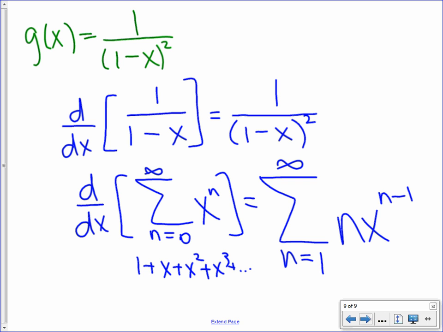Okay, so does that match this? When we take the derivative, we get 0 plus 1 plus 2x plus 3x squared. Does that match what we got for our power series? Yes. You with me?